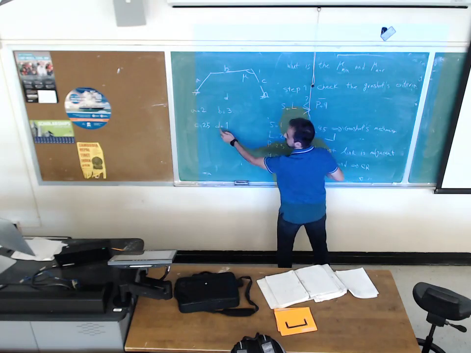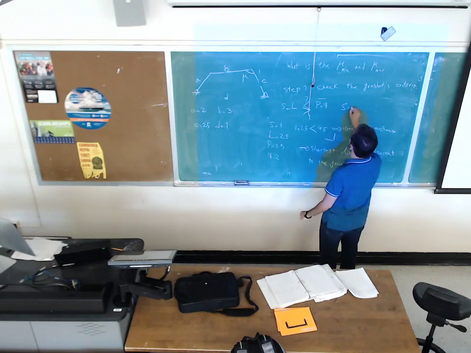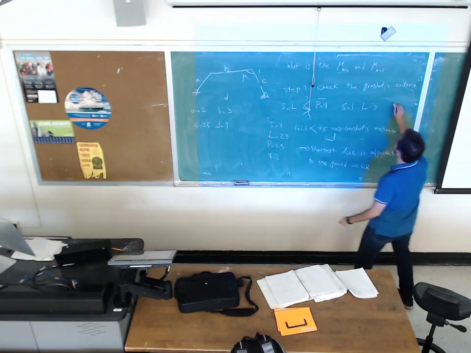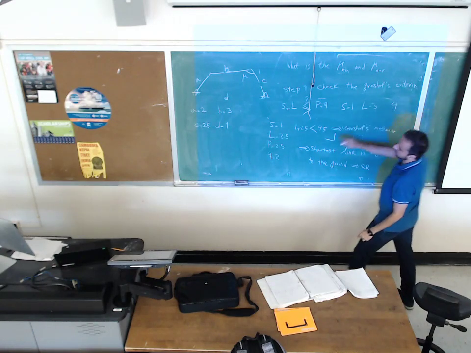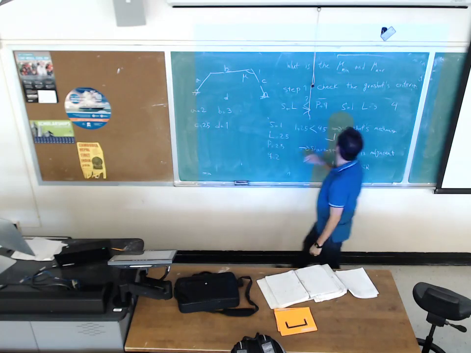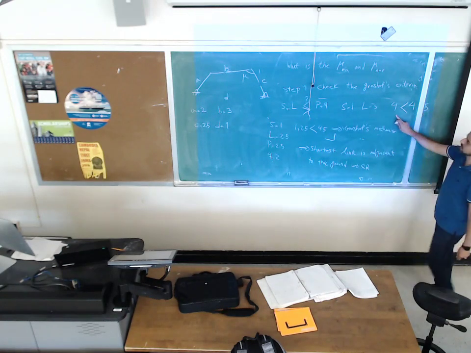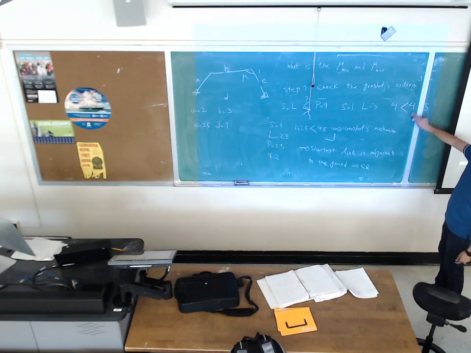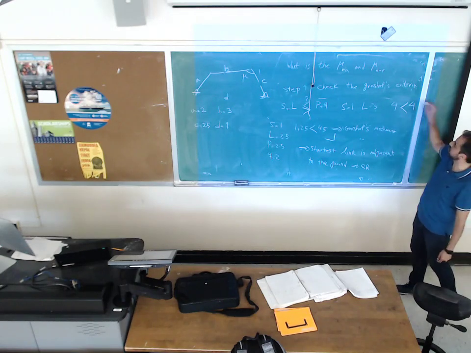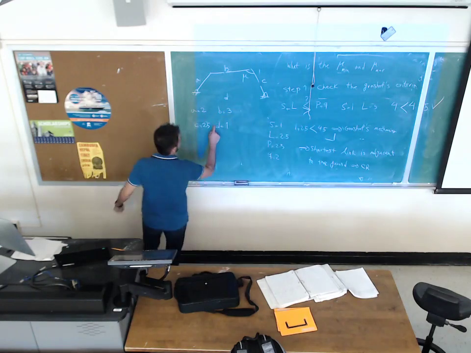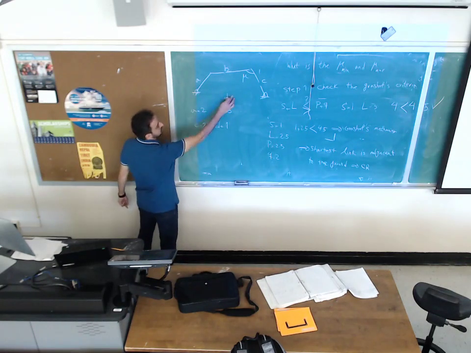Shortest link is D, so S is 1, longest link is 3. So 1 plus 3 is 4, 2 plus 2.5 is 4.5. So shortest link plus longest link is less than the summation of the other two links. So it's a Grashof. In a Grashof mechanism, the shortest link is the ground.